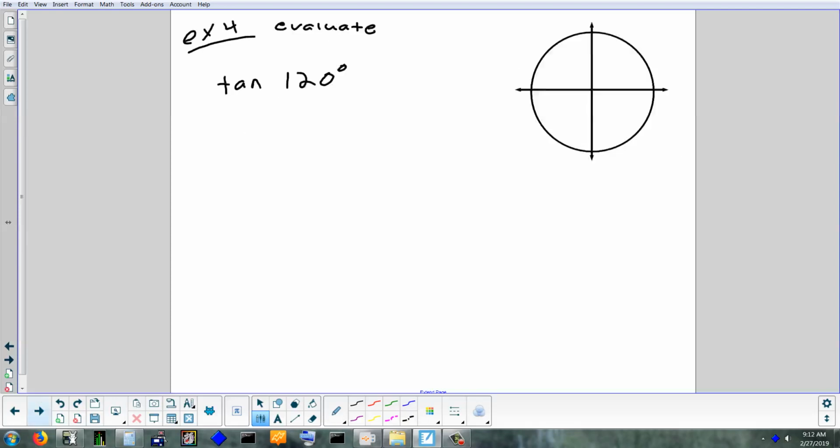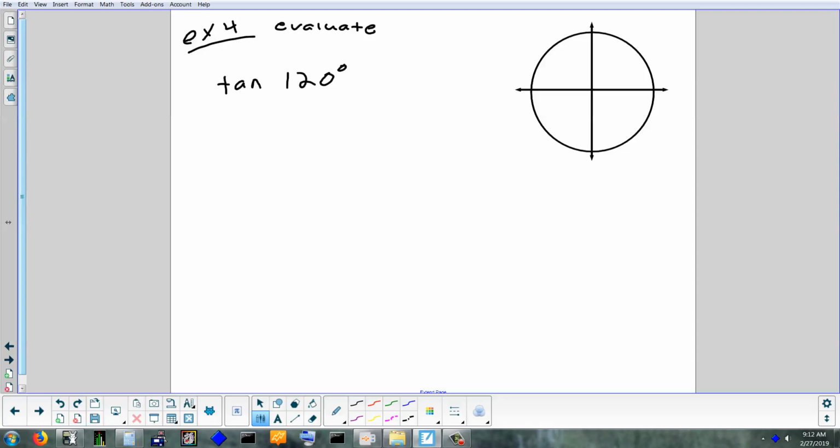All right, let's try angles that don't end in a 5. When it doesn't end in a 5, like 120, 150, 210, 240, 300, those are all multiples of 30 because they don't end in a 5.